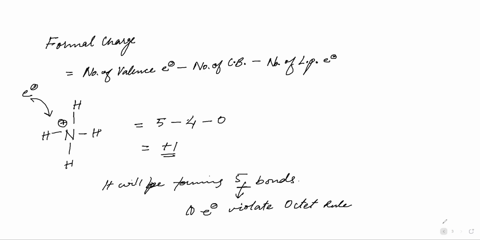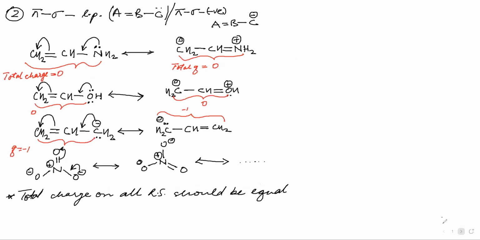Now wait a second. I am giving you one more thing. Generally we have carbon, nitrogen, oxygen, fluorine. Now neutral: if you want neutral carbon, it will have 4 valency. Nitrogen, when it is neutral, will have a lone pair and 3 bonds.